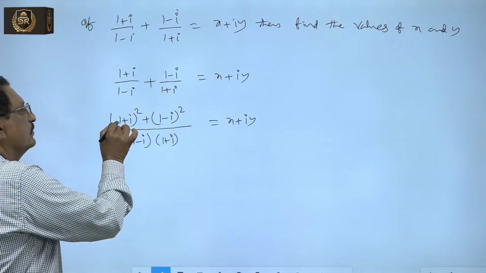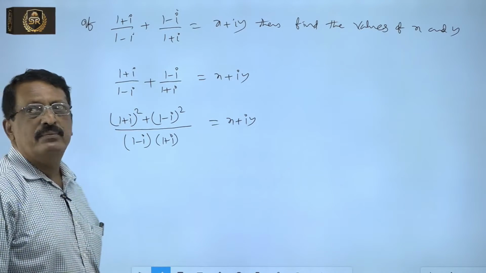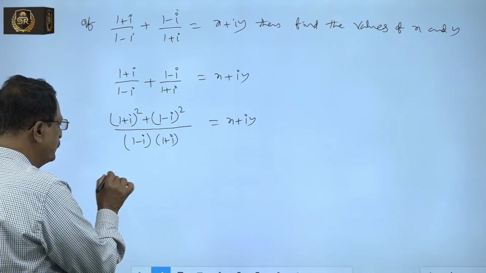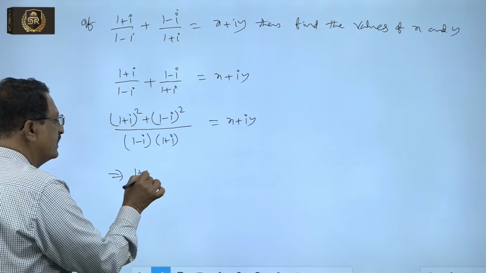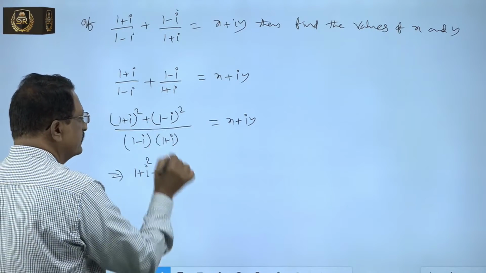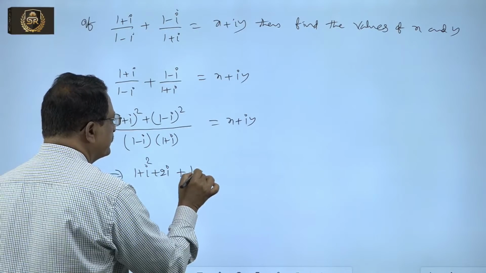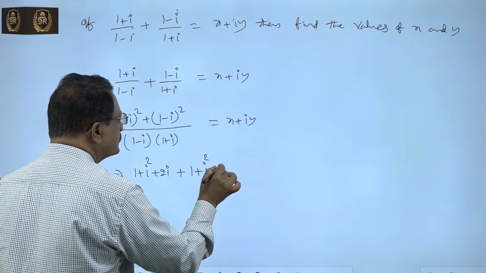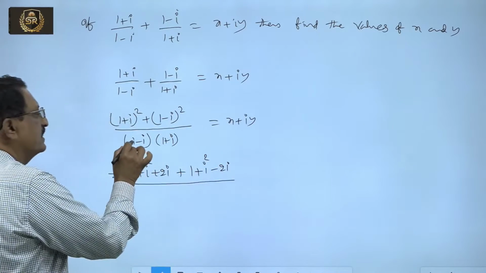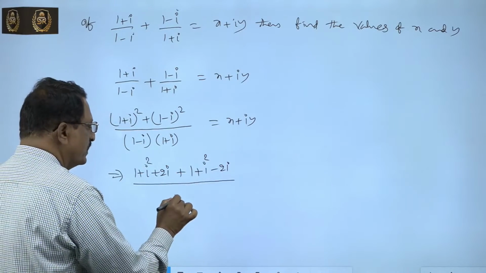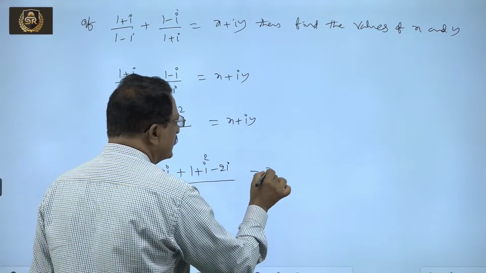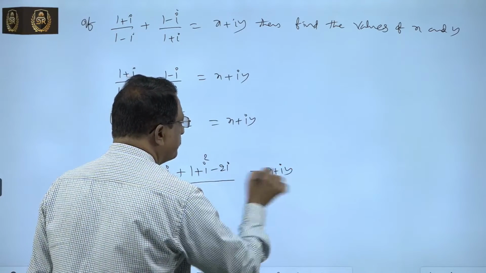Now (1 plus i) whole square is (a plus b) whole square, and (1 minus i) whole square is (a minus b) whole square. Denominator: (a minus b) into (a plus b), a square minus b square. That equals x plus iy.